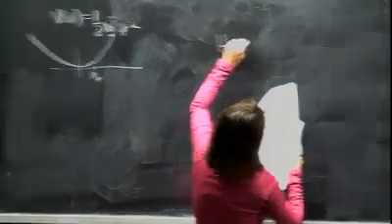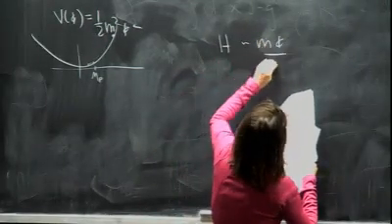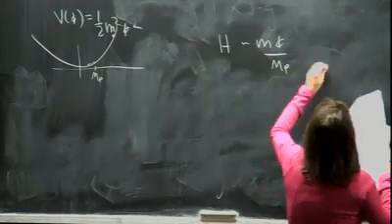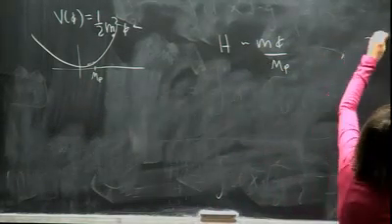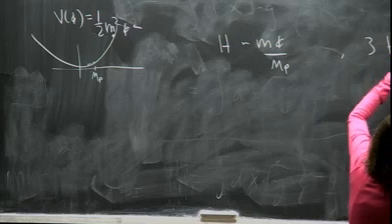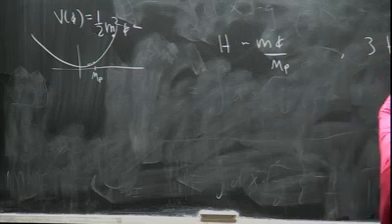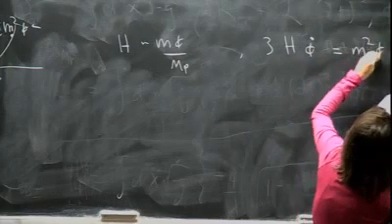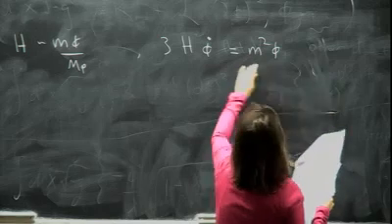H is m phi over m Planck. And in the regime of slow roll, which we will check for self-consistently, we need this is V prime. This is the 3H phi dot term from that equation of motion.